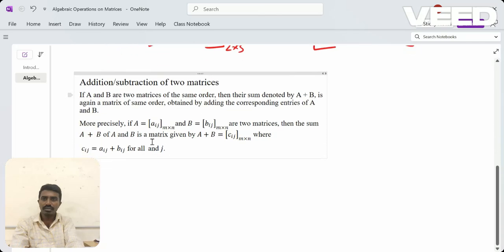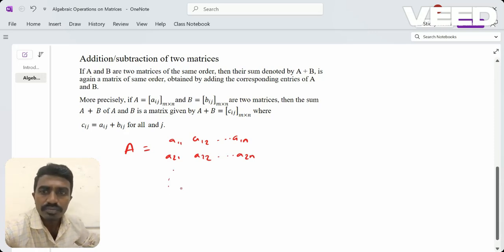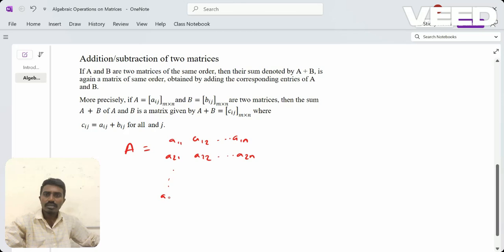Similarly, consider the example A equal to A11, A12, so on up to A1n, A21, A22, so on up to A2n, and Am1, Am2, so on up to Amn.